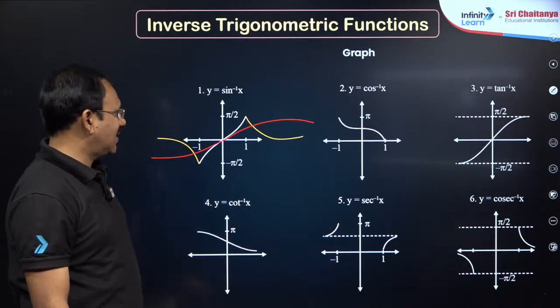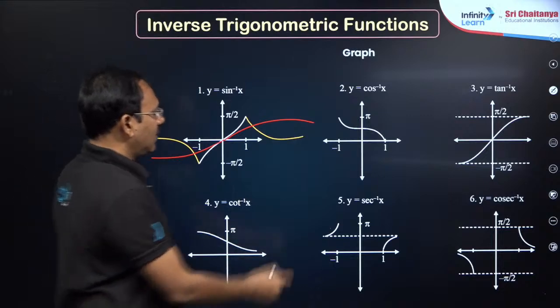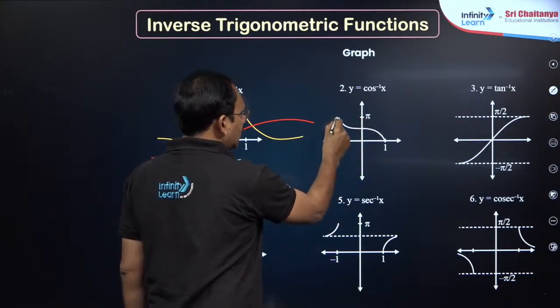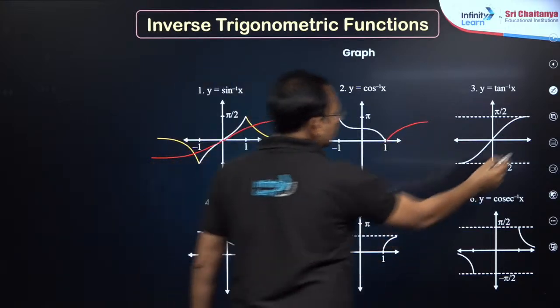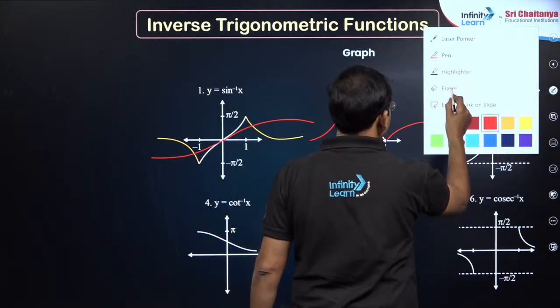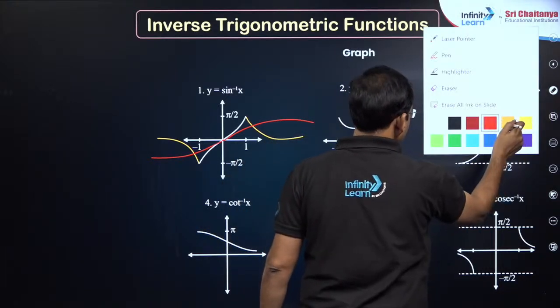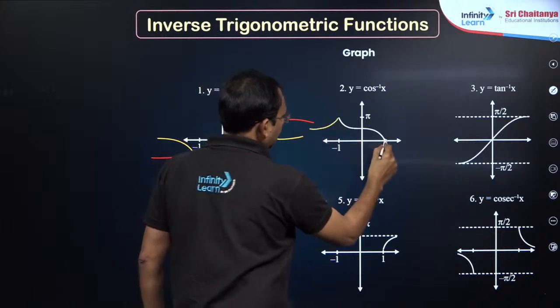You practice like this. And cos inverse x, secant inverse x, cot inverse x in a simple way. You see, plot -1 to 1, 0 to pi. You just draw these two. I mean to say here, dear students, it should go up to pi by 2.